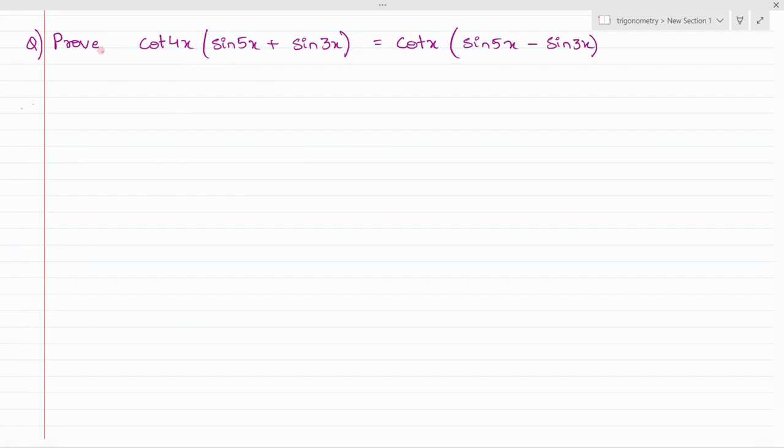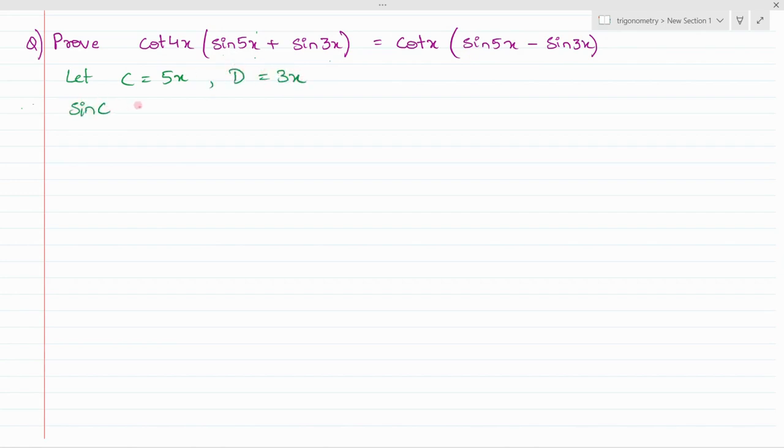In this question, it is given that we need to prove LHS is equal to RHS. If you observe here, the first thing is this is in the form of sine C plus sine D, and here it is sine C minus sine D. So first assumption is C is nothing but 5x and D is nothing but 3x.